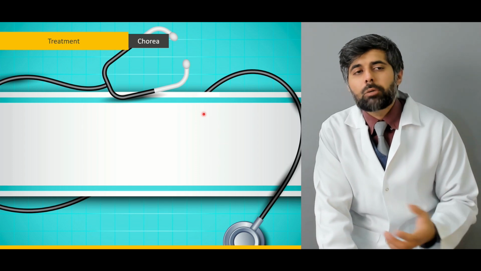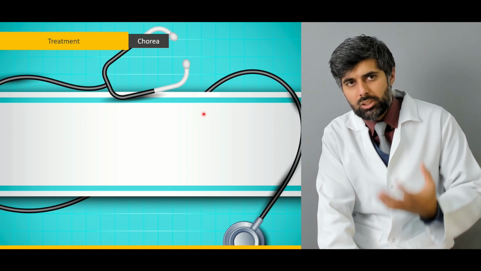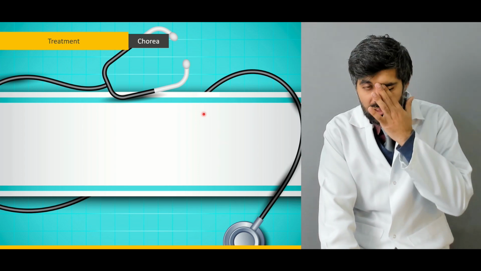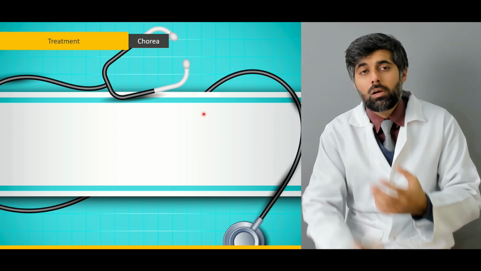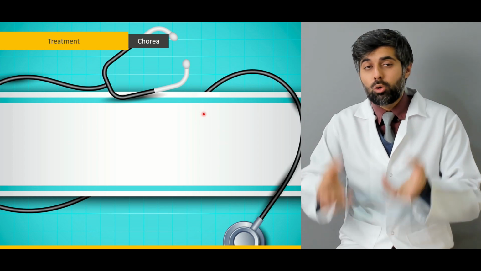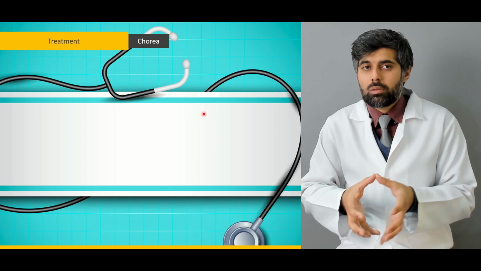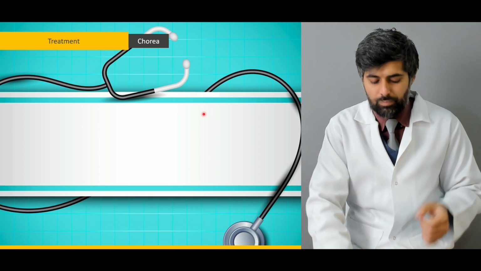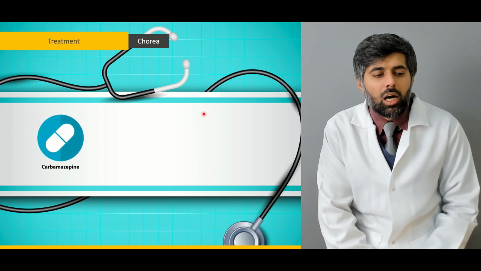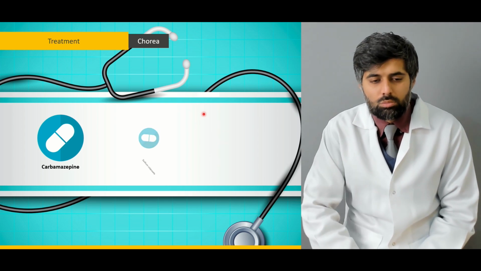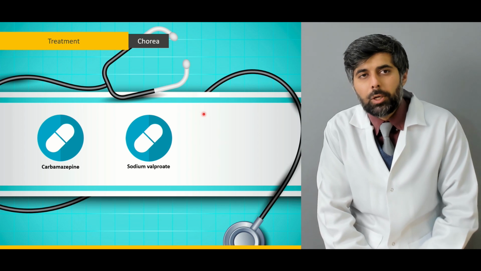Next, we have the treatment for chorea. We discussed the treatment for carditis. Now it's time to discuss the treatment for chorea. Because chorea is of neurological origin, its treatment is remarkably different. It is treated either by carbamazepine or through sodium valproate.